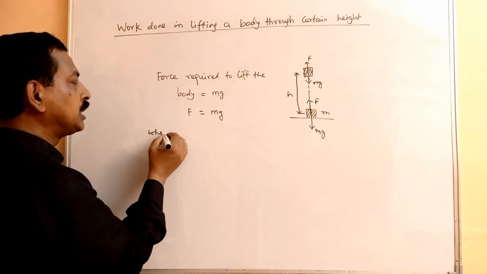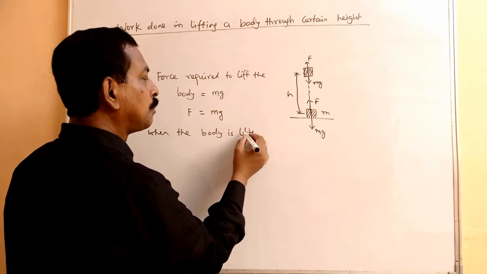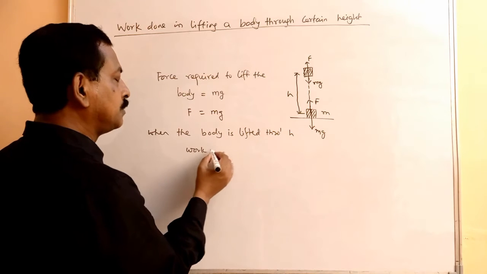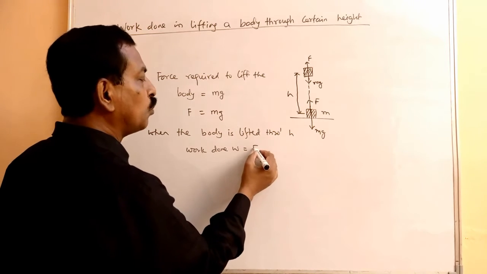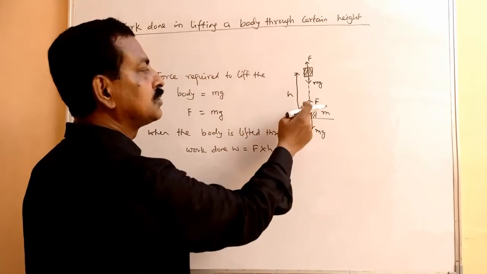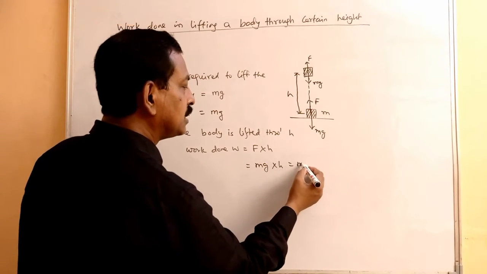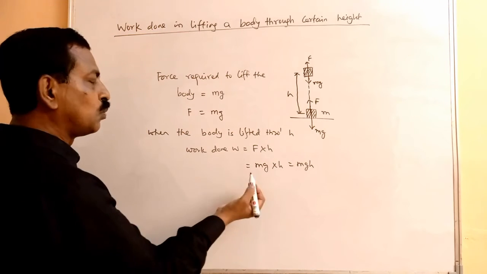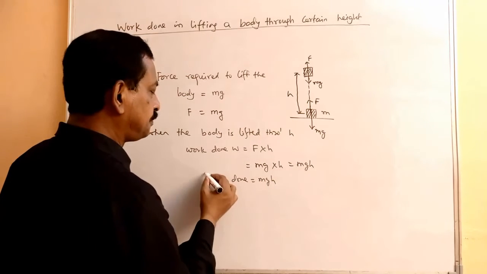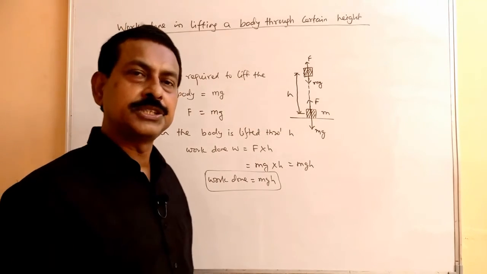And now when the body is lifted through h, the work done W will be F into h, force into displacement, because the angle between the two is 0 degree here. So it is mg into h, that is mgh. This is the work done in lifting the body through height h.